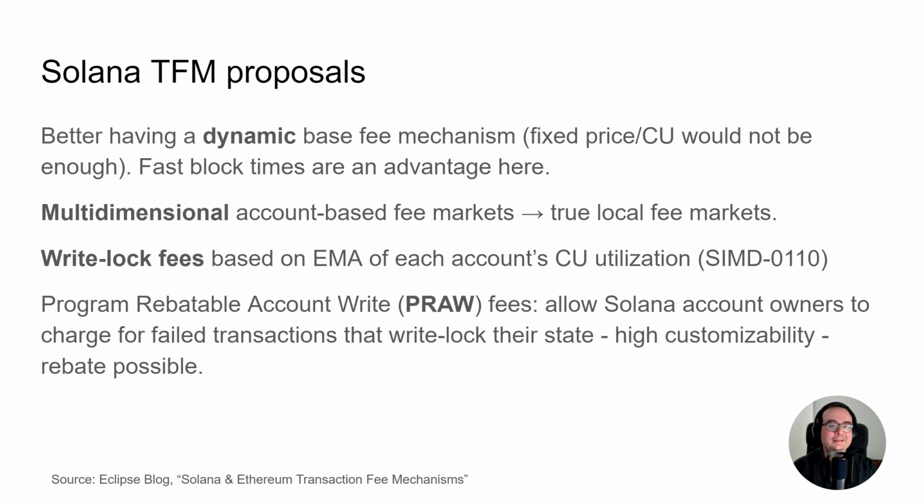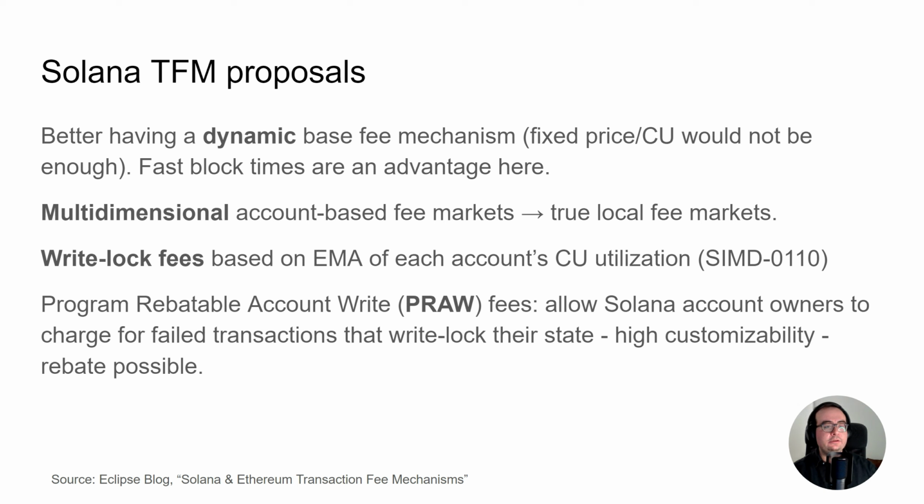So it's better to have some dynamic adjustment of this price per compute unit and adjust it depending on the level of congestion of the network or how much of the block space is used. It's good to notice that in this case it's nice to have fast block times, because you can react immediately to sudden spikes in demand.